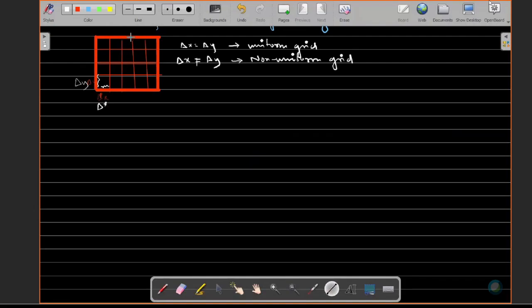Now, in order to capture those gradients, these big size cells near the wall will not be enough. So what people do is convert this region into very small cells such that you get some sort of gradient.